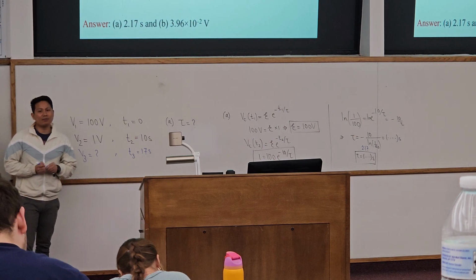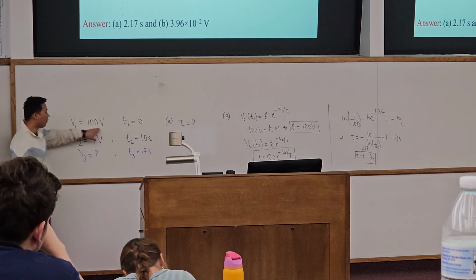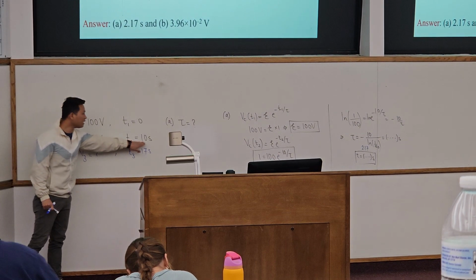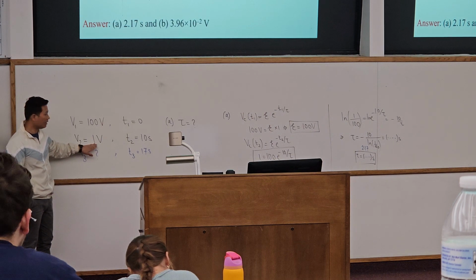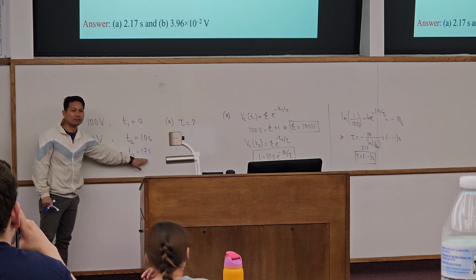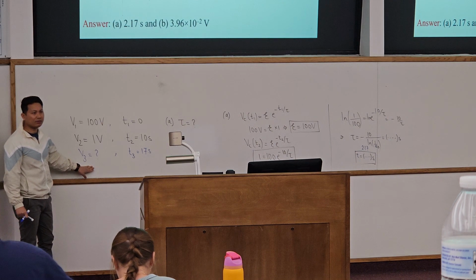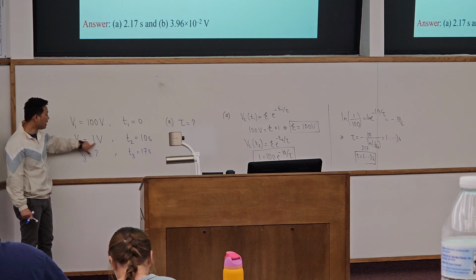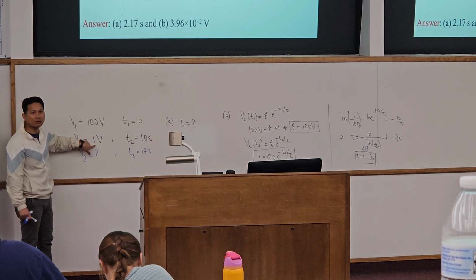One thing, sometimes you have to make a judgment. You started with 100 volt at t equal to 0. You wait for 10 seconds, the potential is 1 volt. Okay? Now, if you wait for 17 seconds, I don't know what the number looks like, but I should get a potential value less than 1 volt.